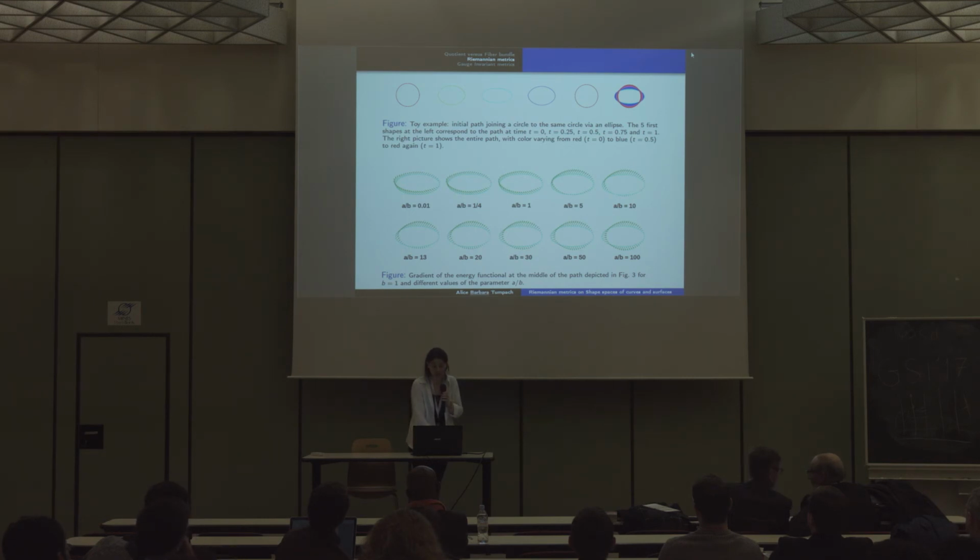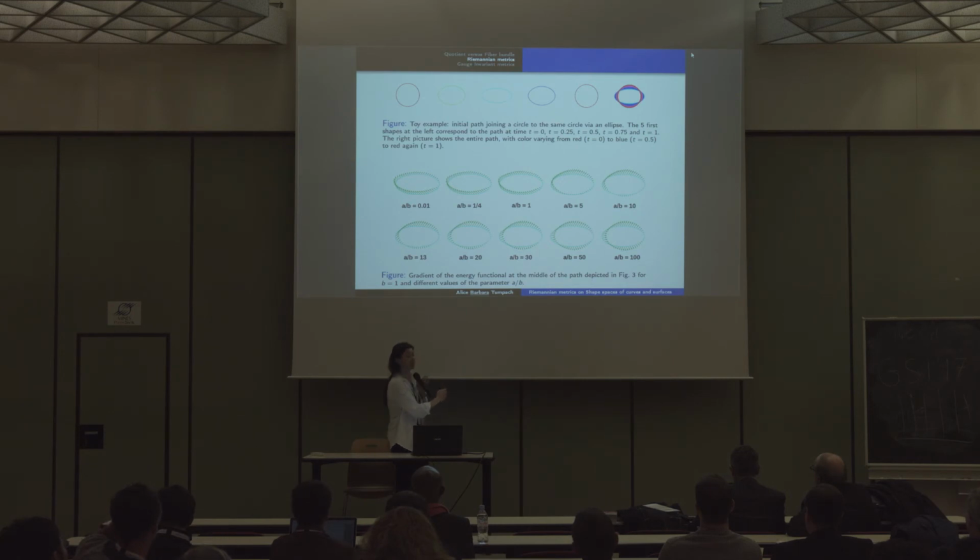So we start with a very simple example. You take a circle, and you take a curve which goes from the circle to an ellipse, back to the circle, and what we did is to compute the gradient of the metric on it.